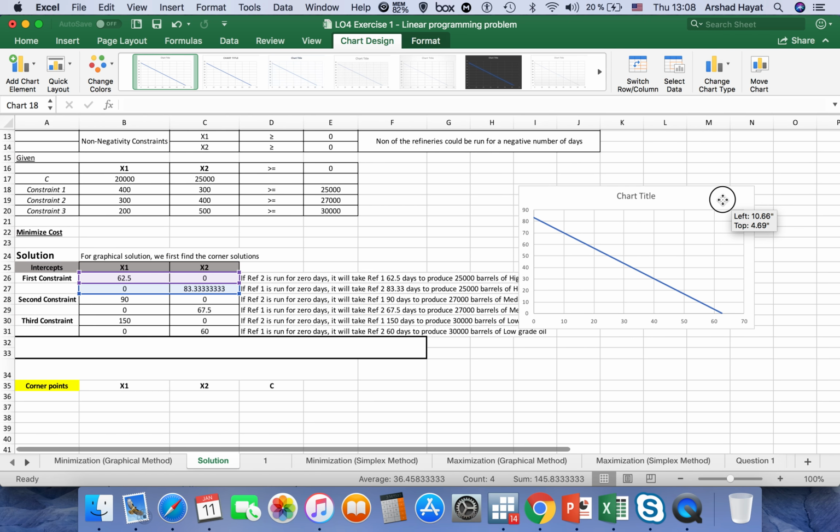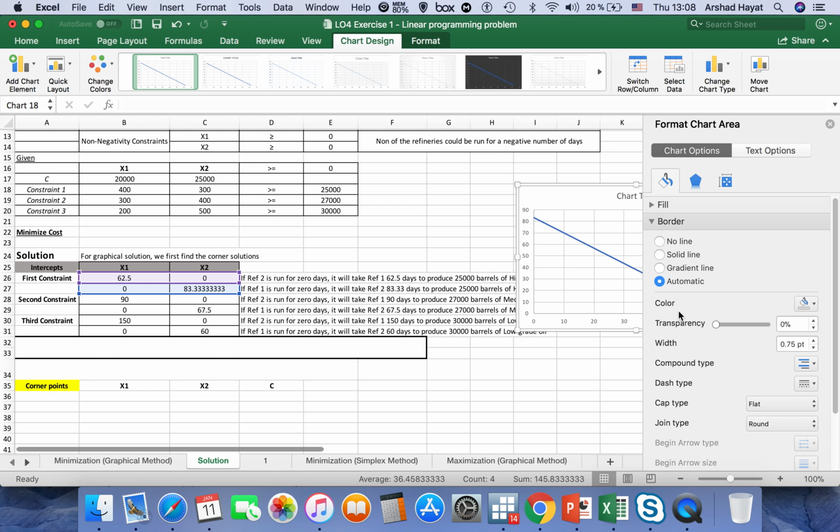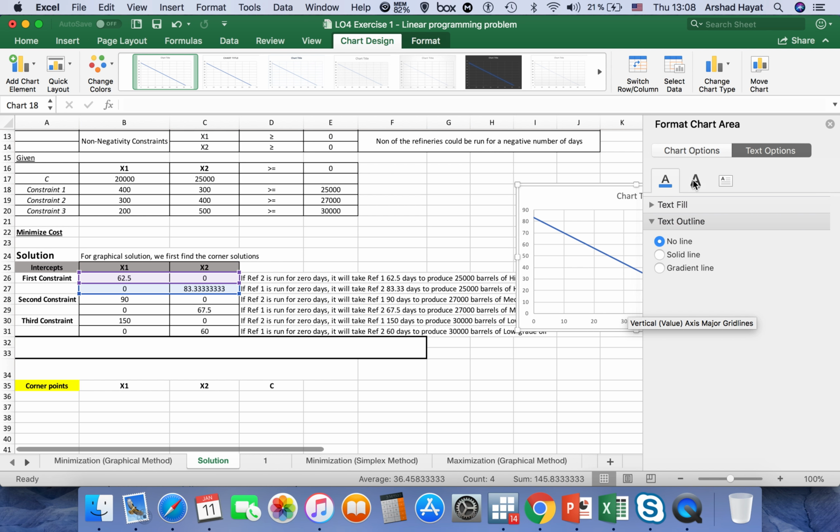So this simply tells us that when our x1 is equal to 62, at this point, this is x1 equal to 62 and x2 is equal to 0. Along this line, we know that x2 is equal to 0. This is x1. We can give these x's names.